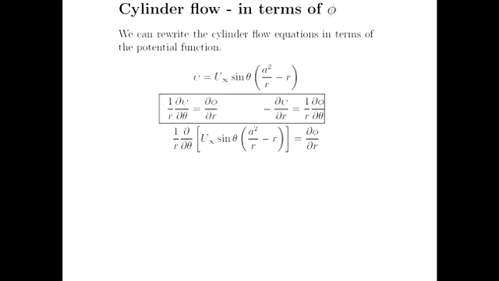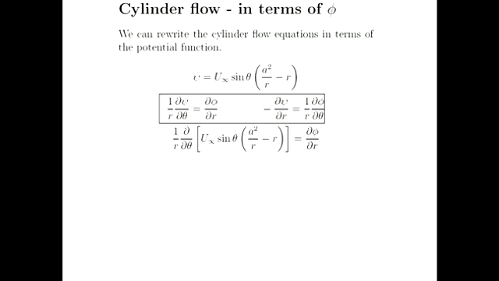So 1 on r multiplied by that equation for the stream function differentiated with respect to theta is equal to d phi on r. So there's only two things I need to do to convert. I need to differentiate something, in this case with respect to theta, and then I need to integrate whatever's left, in this case with respect to radius.